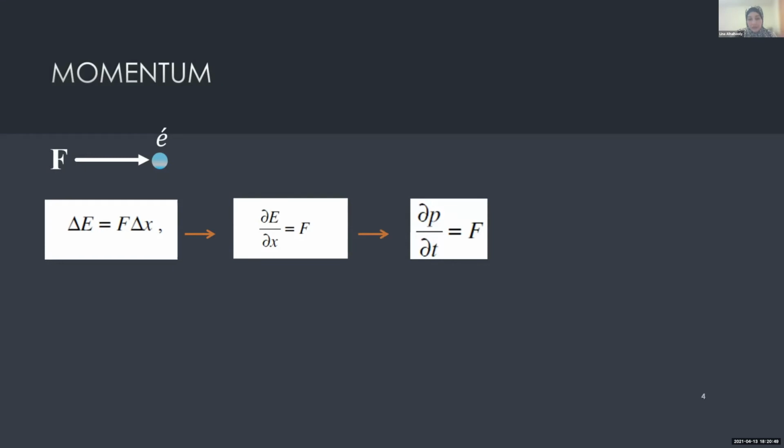From here, I will just remind you of Newton's second law. In classical mechanics, or in the observable world, we rely on Newton's laws. Newton's second law tells us that the force is the mass times acceleration.